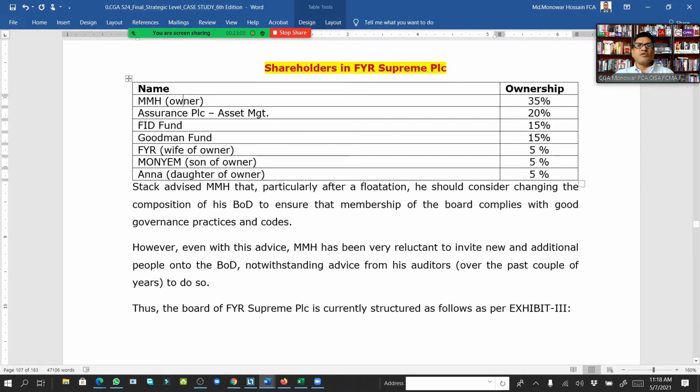The real owner holds 35% of the shareholding, another company holds 20%, another fund holds 15%, another fund 15%, his wife 5%, one of his sons who is now running the business also takes 5%, and his daughter takes 5%. Total 100% is here.